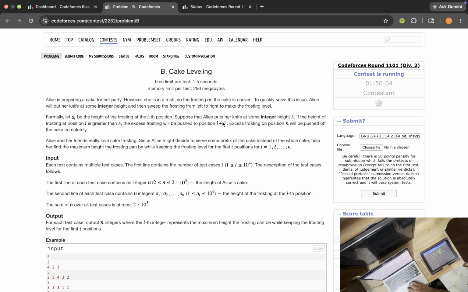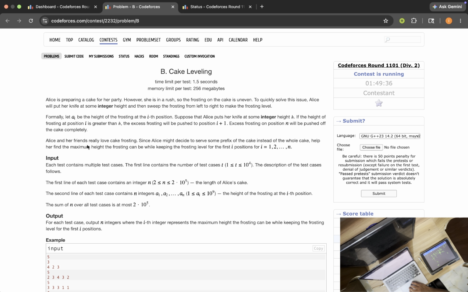Suppose that Alice puts her knife at some integer height h. If the height of the frosting at position i is greater than h, the extra frosting will be pushed to position i plus 1. Excess frosting at the last position will be pushed off the cake completely.